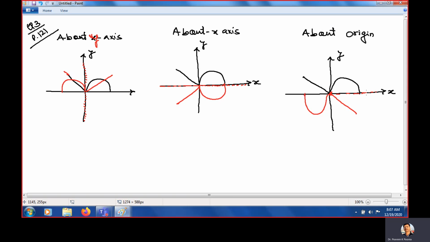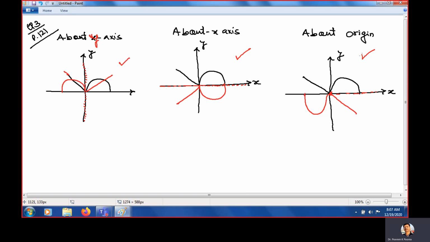So they can give you a graph like the one given here, and you need to extend it with respect to the x-axis, the y-axis, and the origin. Now you can see it is symmetrical about the y-axis, yes. It is symmetrical about the x-axis, yes. It is symmetrical about origin, yes.